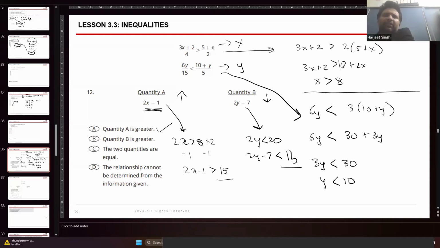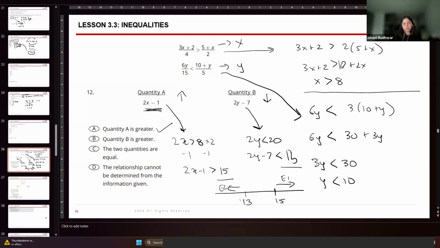So here we could have solved this problem because the first expression is higher than 15 and the second expression is lower than 13. So here it is clear that E1 is greater than E2.